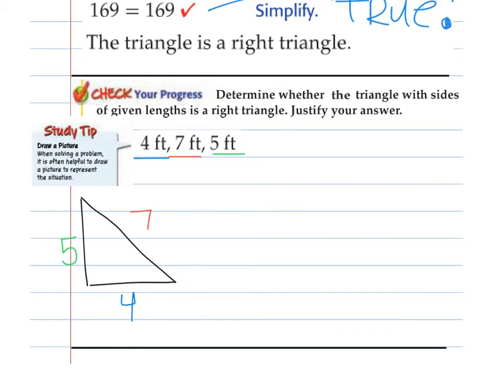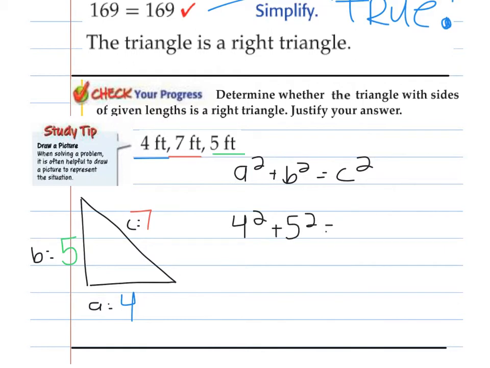Knowing the Pythagorean theorem is a squared plus b squared equals c squared, let me quickly label these. c equals 7, a equals 4, and b equals 5. So plugging all of those in, 4 squared plus 5 squared equals 7 squared. Evaluating all of those exponents, I get 16 plus 25.